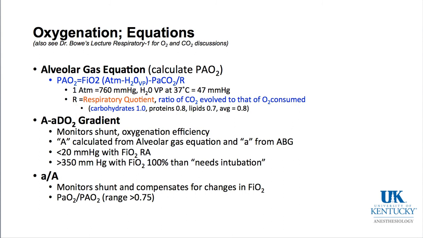And when you're using carbohydrates predominantly as your power source to your body, the ratio of CO2 evolved to that of oxygen consumed is 1 to 1. That is, C6 carbohydrate would go to 6 CO2 molecules, as opposed to proteins, which the RQ ratio is 0.8, and lipids, the least amount of CO2 evolved for oxygen used.